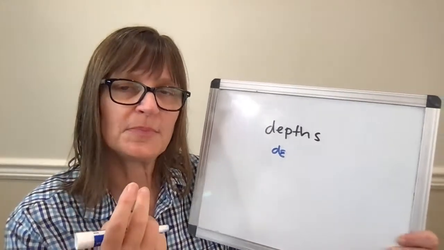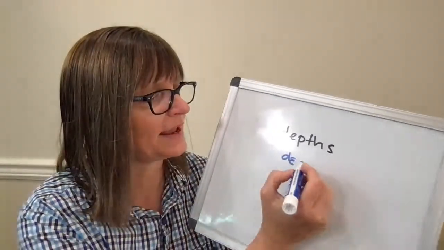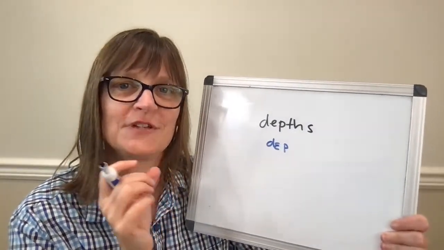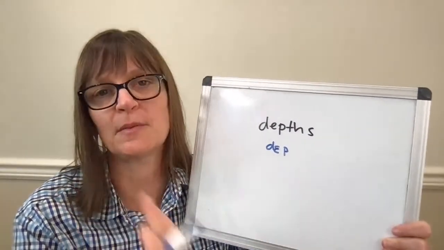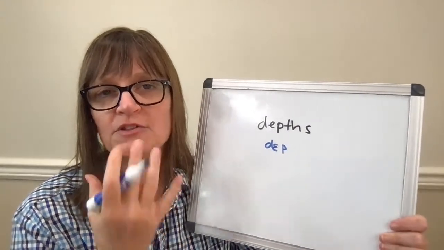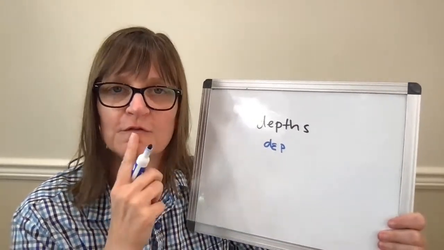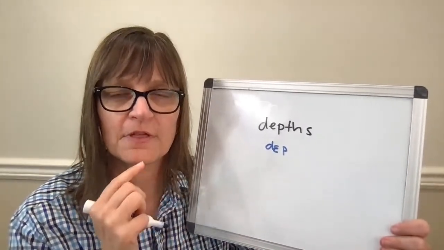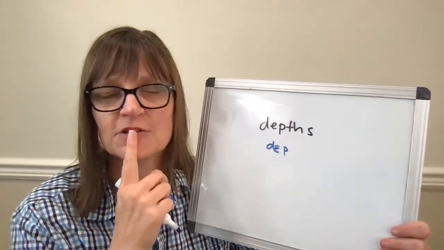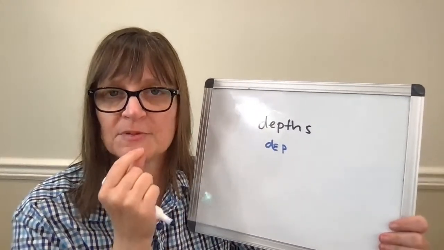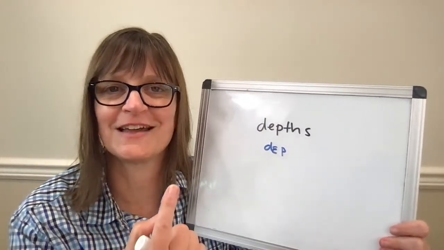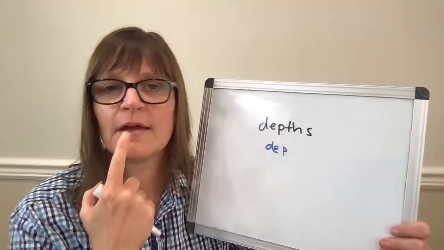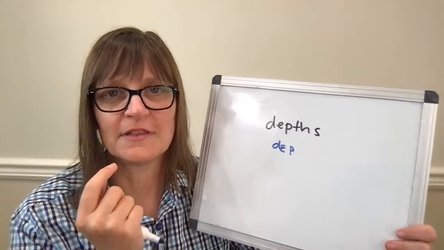I do use the P, so my air stops, but if I'm going to go to a TH, I can't really do dep with a strong P. So if I'm practicing that, you might want to start with dep, so you can feel the P happening. And then when you say depth, the air doesn't really come out for the P. The lips block the air, and then the air releases on the TH. So depth.